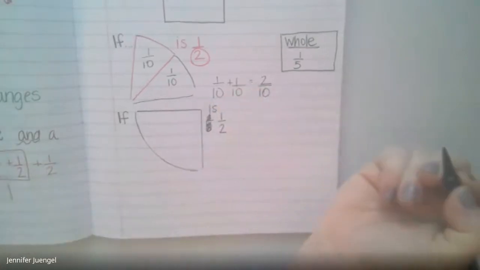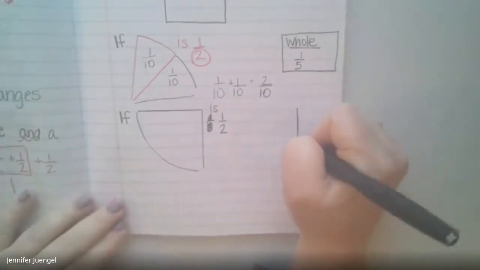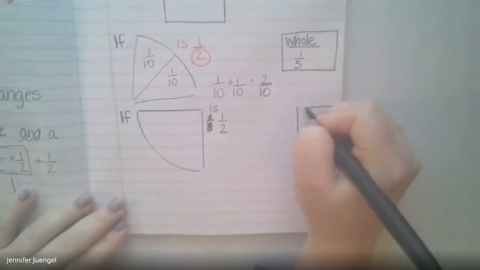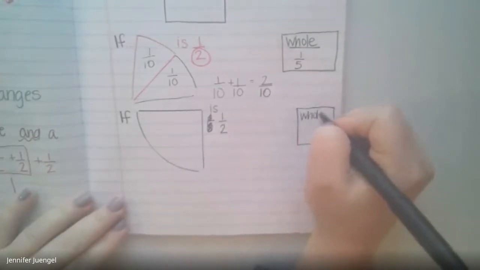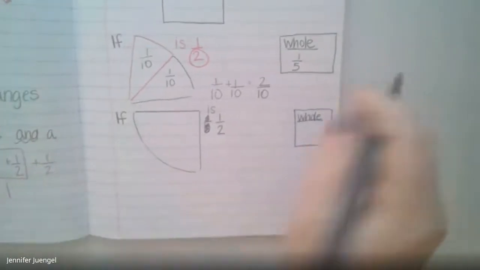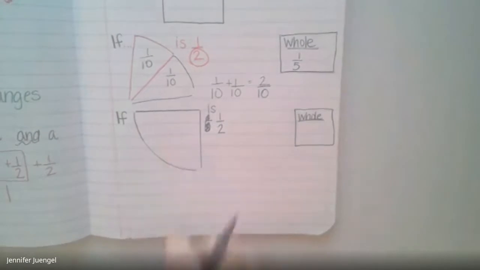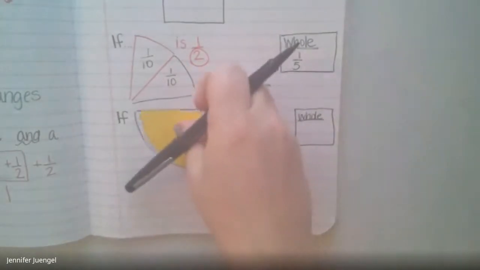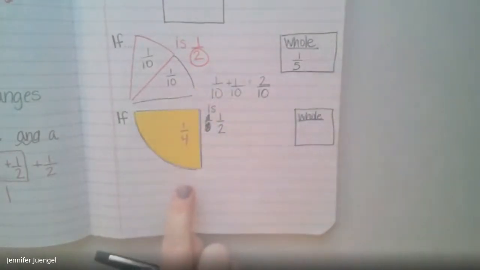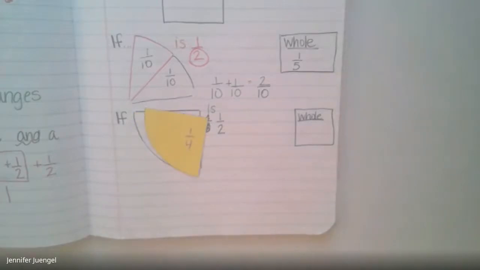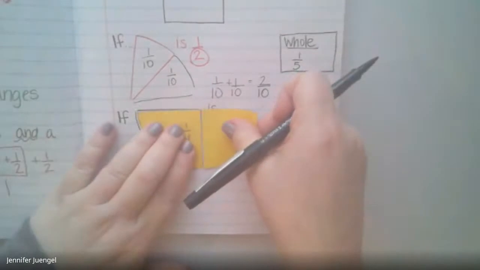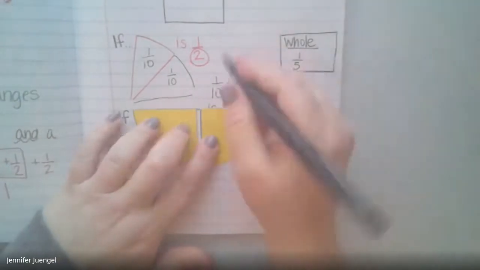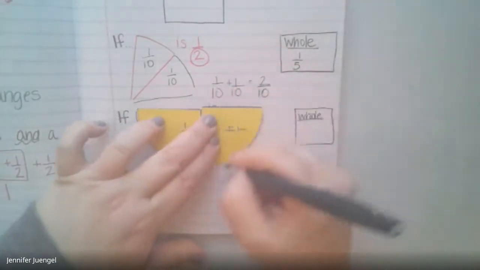If this piece right here is 1/2, 1 piece out of 2, that means I need another one of these so that I can have 2 pieces out of 2. Let's try that. I'm going to put the other one down. Now I've got 2 pieces out of 2.